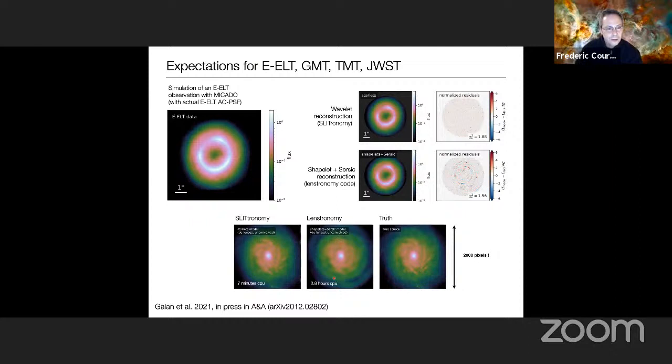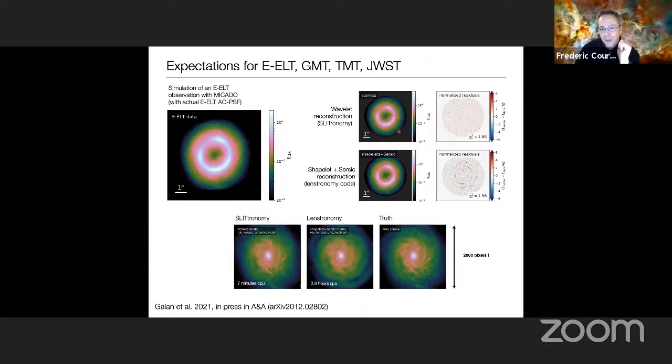Now, we go a bit further and take a simulated lensed object as seen with the European Extremely Large Telescope. That's the 39.5 meter telescope that is being built in Chile. That's a simulation with the actual PSF, the actual point spread function of the telescope.